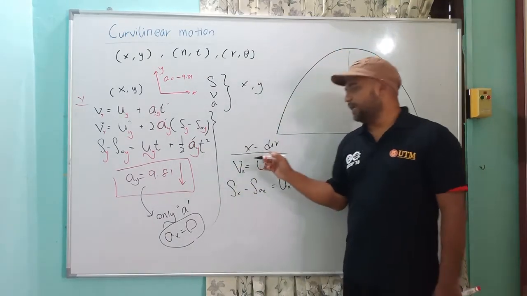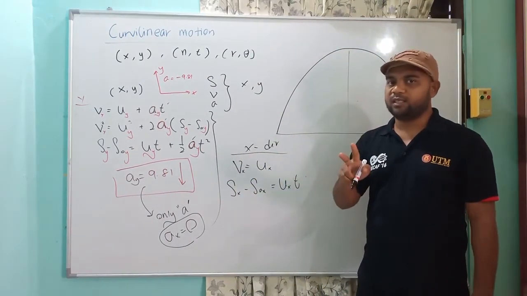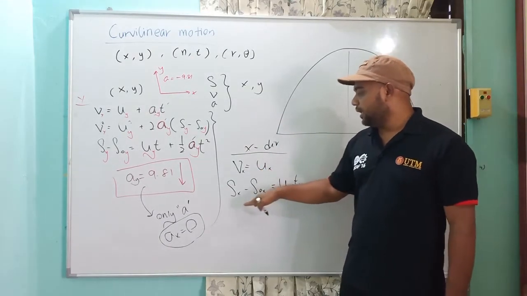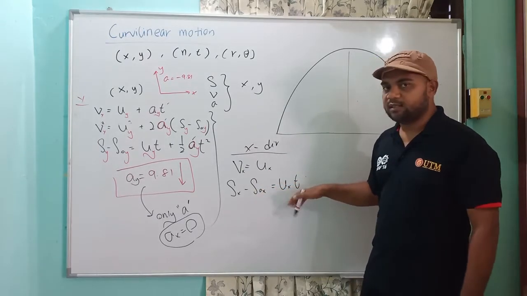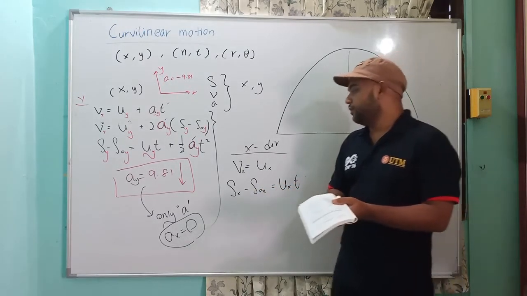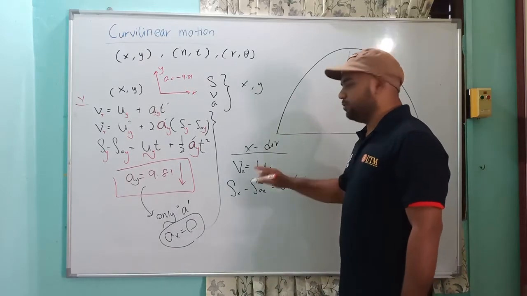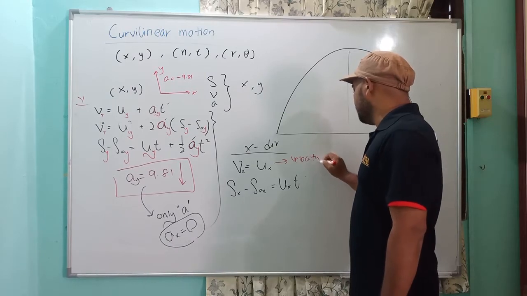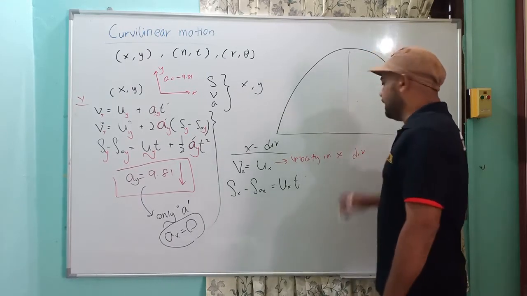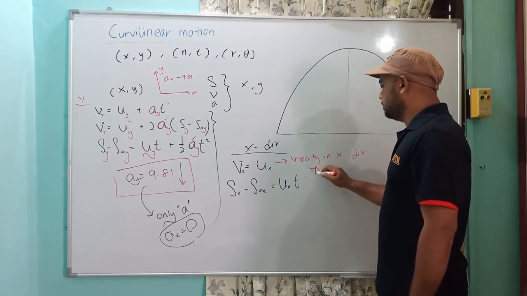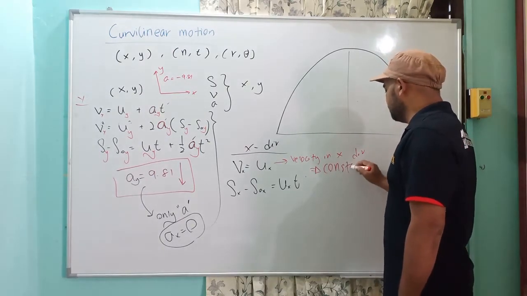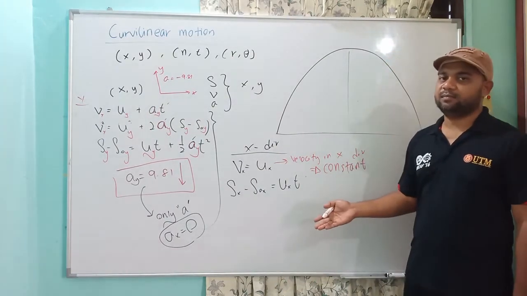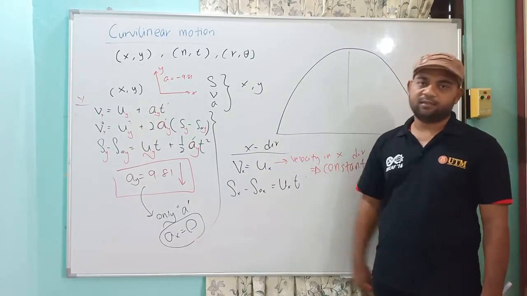So for the x direction, we only have two equations because the acceleration is 0: v equals u, and sx minus s0x equals uxt. The implication of v equals u is that the velocity in the x direction is constant. So velocity in the x direction is always constant, because of this equation.